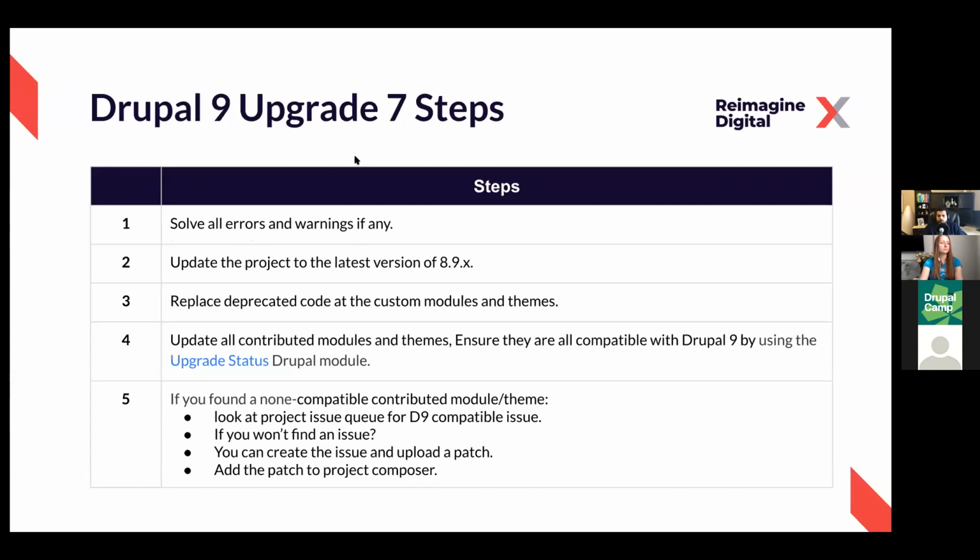So solve all problems and warnings, if any. Update your project to the latest version, Drupal 8.9. Replace deprecated code in the custom modules and themes, then update all contributed modules and themes and ensure all the modules that you have are compatible with Drupal 9 by using this awesome module, upgrade status.